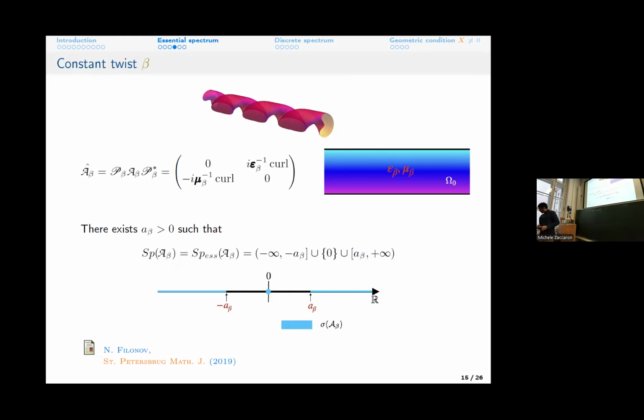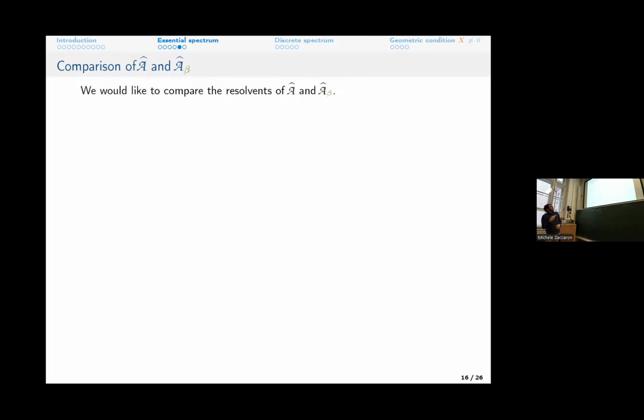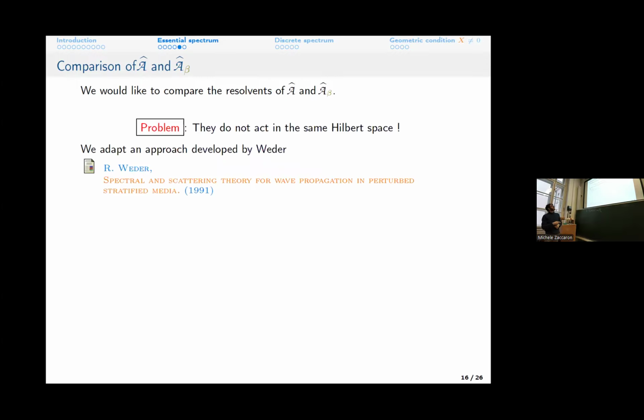Now, what we want to do is to consider our general waveguide, which at infinity resembles this. We want to see that it preserves the essential spectrum. So how to do that? We want to compare the resolvent of the perturbed one and the constantly twisting one. Still, at this level, we cannot do that because these two operators do not act on the same Hilbert space.